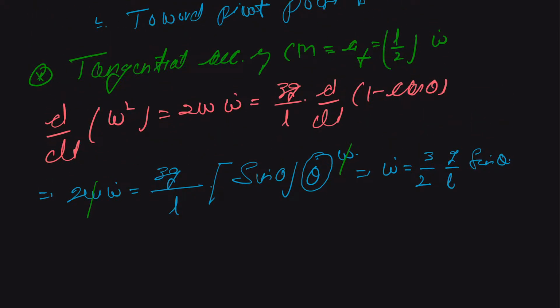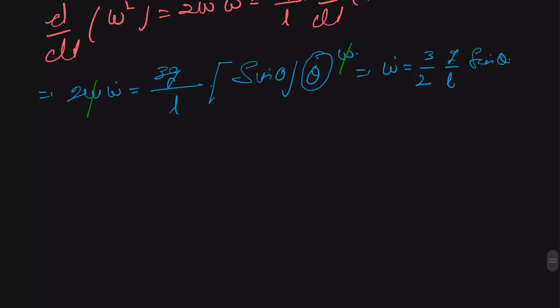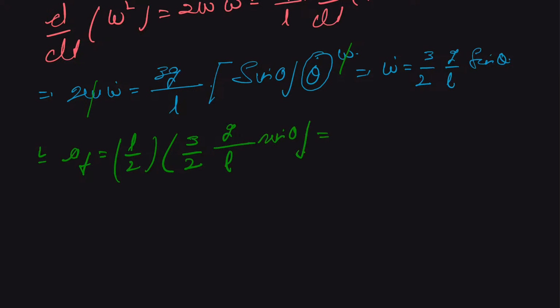Therefore we can write that our tangential acceleration, that is A of t, will be equal to L by 2 times 3 by 2 G upon L sine of theta, and here this L and L cancel out, so this comes as our 3 by 4 G sine of theta.